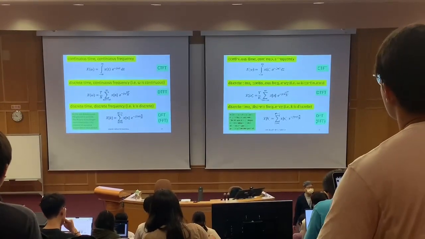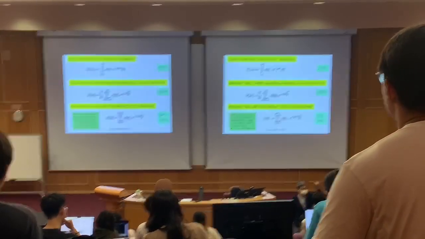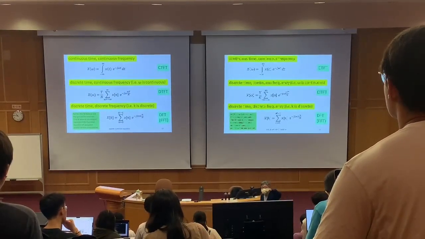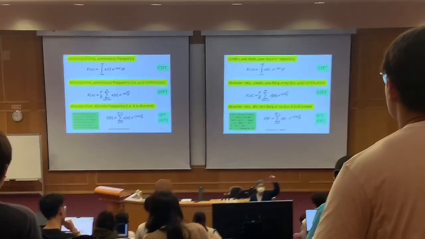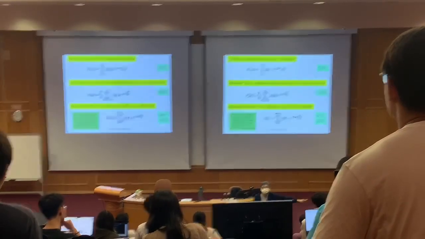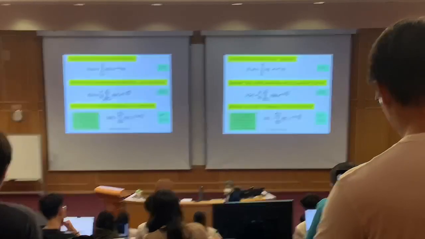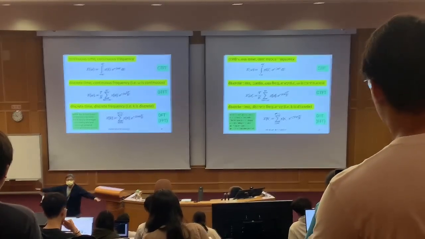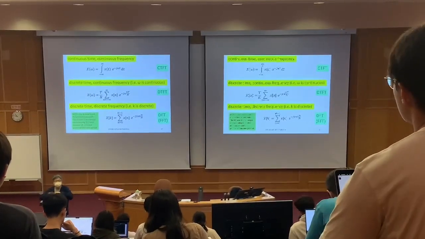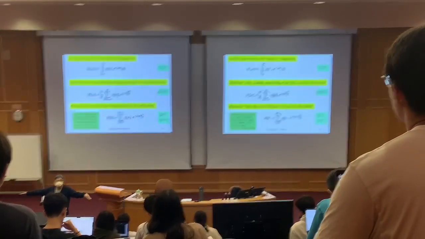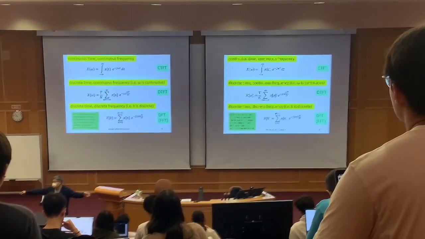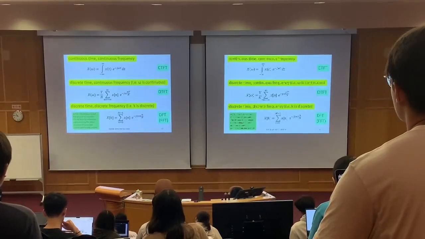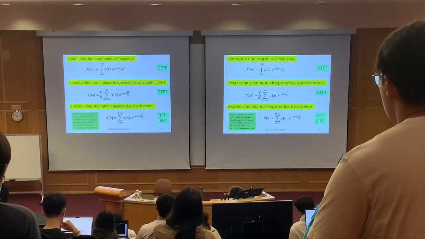Your time axis is no longer t, it is small n, but the frequency axis is still a continuous variable omega. When you discretize the time axis, your frequency axis is periodic. So in the discrete time Fourier transform, your spectrum is periodic, understand?